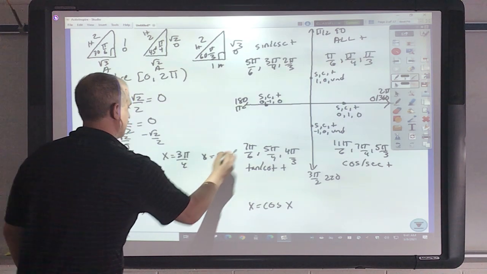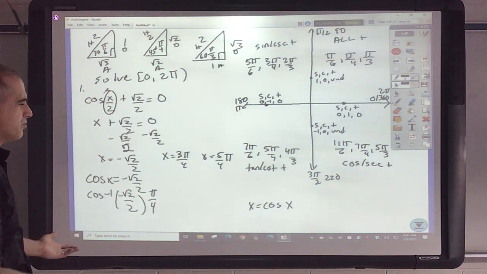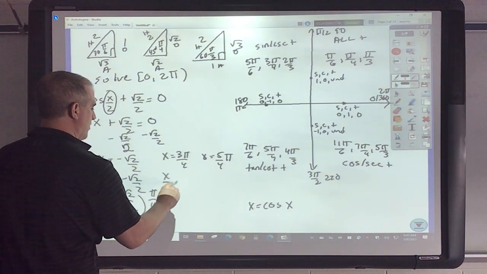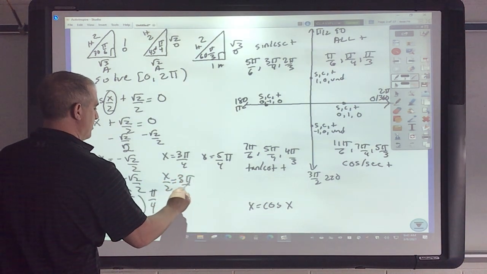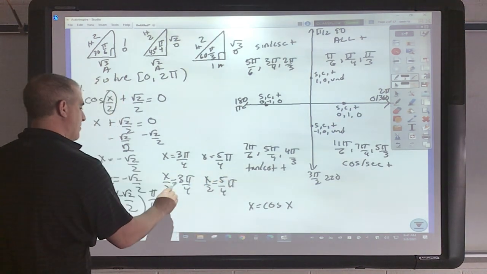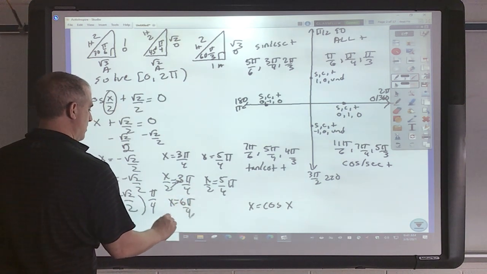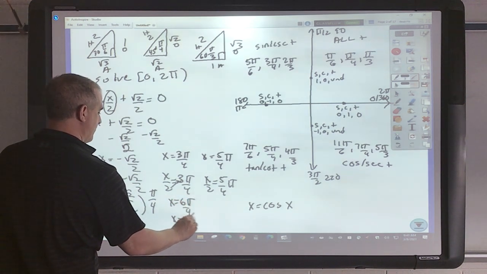Now, as you remember, this x over 2 is really what we're solving for. So all I'm going to do is set this equal to x over 2, and I'm going to cross multiply. So that would be 6 pi over 4, or x equals 3 pi over 2.